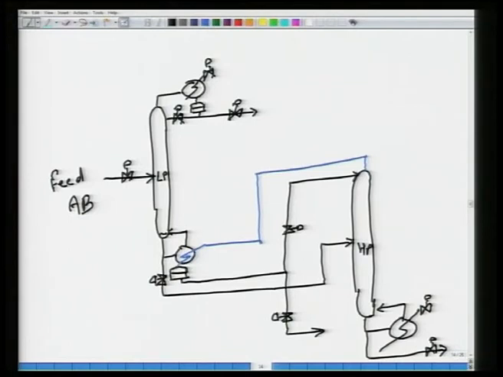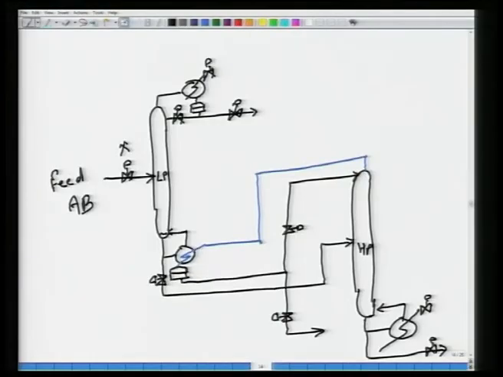Let us see if we have drawn all the valves. Yeah, I think so. If I count the number of valves, excluding the feed valve, because the feed is something that is coming from upstream: 1, 2, 3, 4, 5, 6, 7, 8.